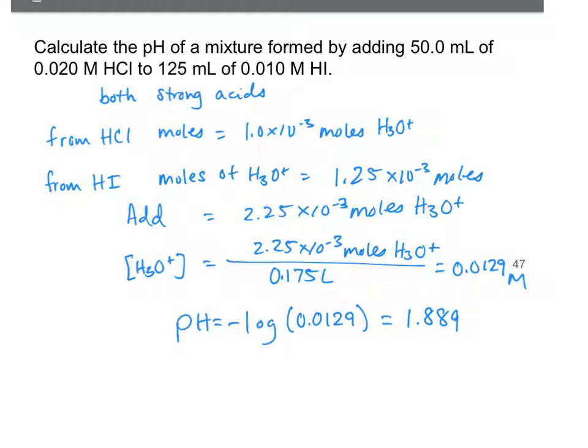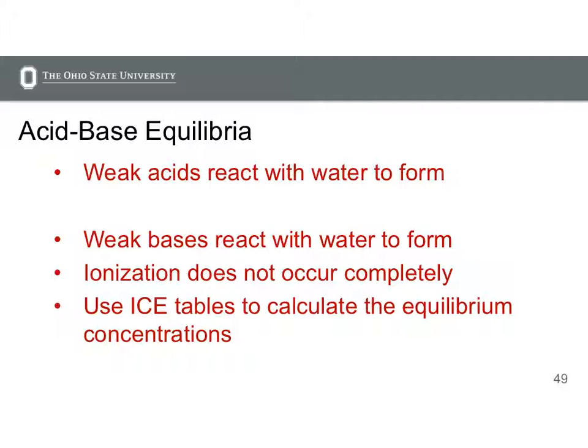Questions on that? Okay. So if you have a strong acid and strong base, or you're mixing two strong acids, just worry about the H3O plus or worry about the OH minus.